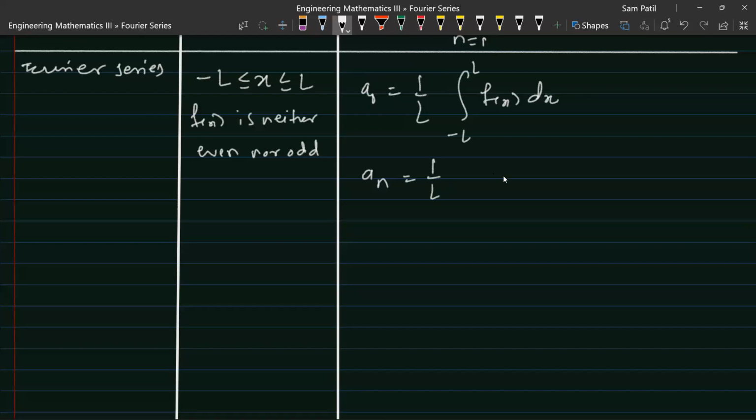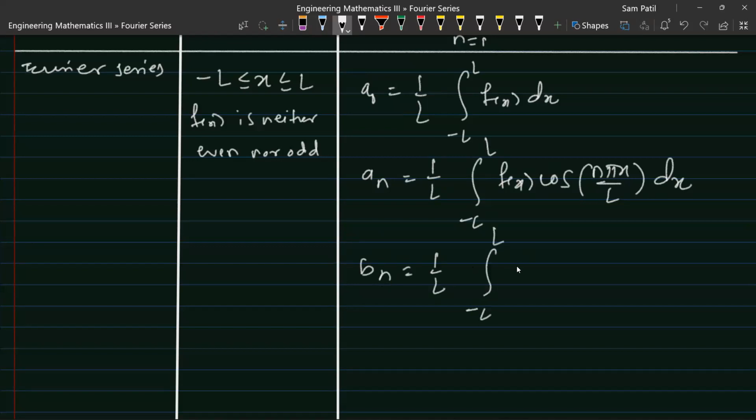It is 1 upon L integration minus L to L f(x) cos of n pi x upon L dx. And then b_n is 1 upon L integration minus L to L f(x) sine n pi x upon L dx.